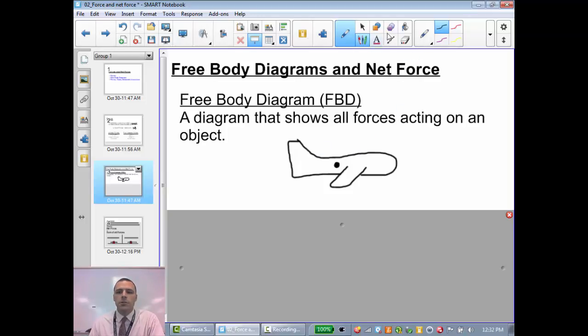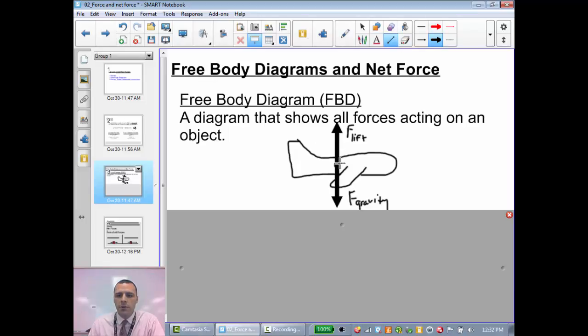The first one is gravity acting on the object, so I'm going to label this F gravity. And force is a vector, so it needs an arrow, and the length of that arrow represents the size of the force. Now, to counter gravity, there's the plane's lift. So an arrow going up, I'm going to label that F lift. So you have lift and gravity.